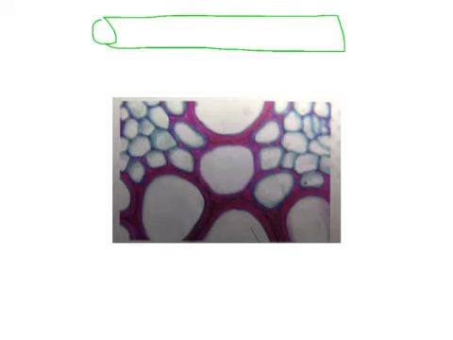It doesn't collapse because it's strong from the lignin, and of course it can carry water. And that's better than having a living system, because living systems tend to shrink when there's no water, whereas with xylem, even when there's no water, the vessels will still stay intact, so the plant has a better chance of survival.